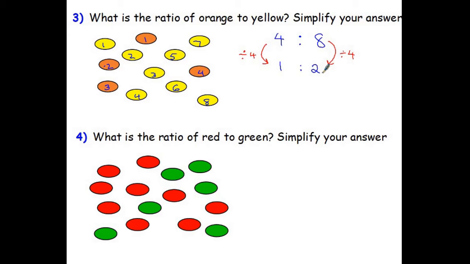Now, instead of dividing by 4, you could have also done this. If you had 4 to 8, you could have divided by 2, which would give you 2 to 4. And then you could also divide by 2 again.